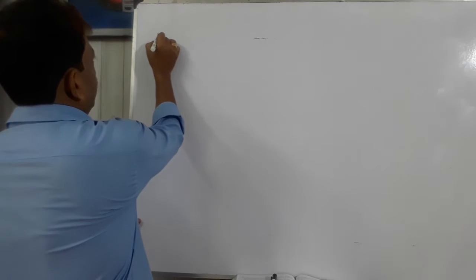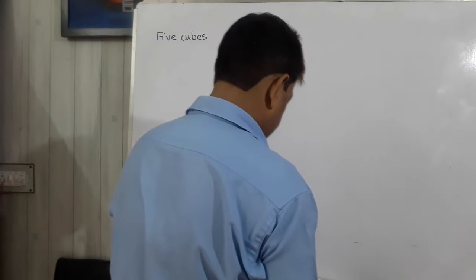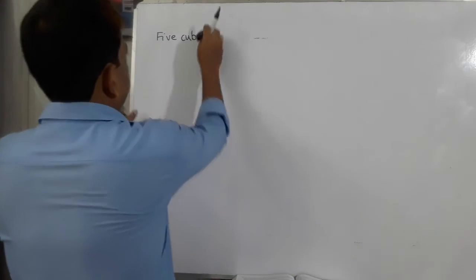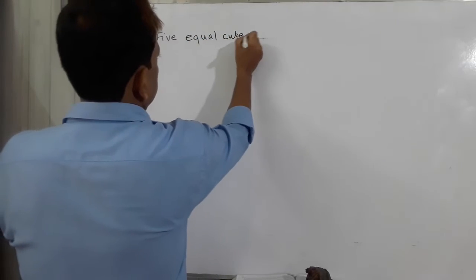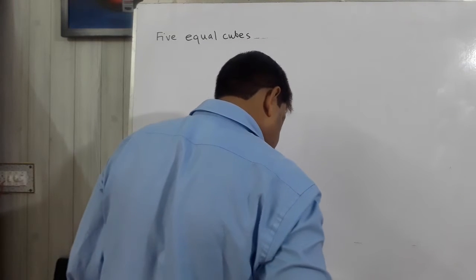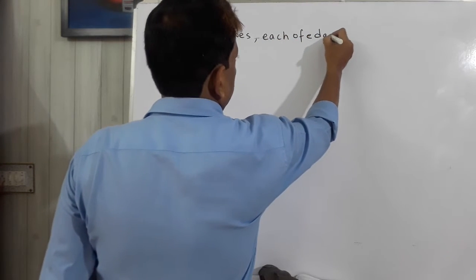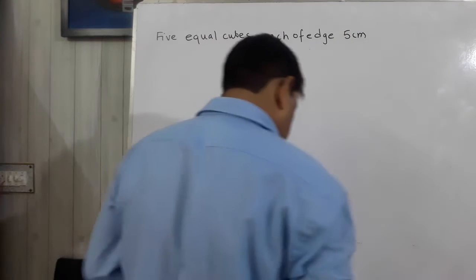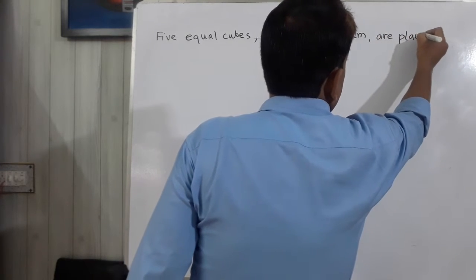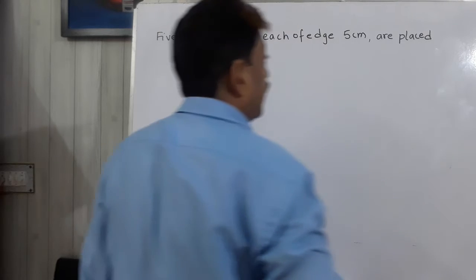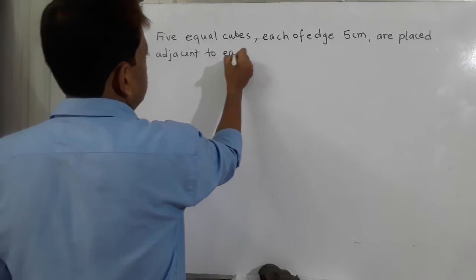First of all, the question: five equal cubes, each of edge 5 centimeter, are placed adjacent to each other.